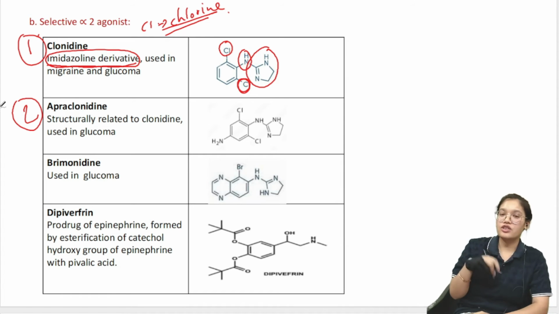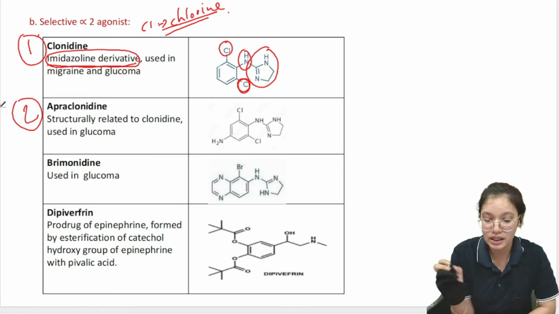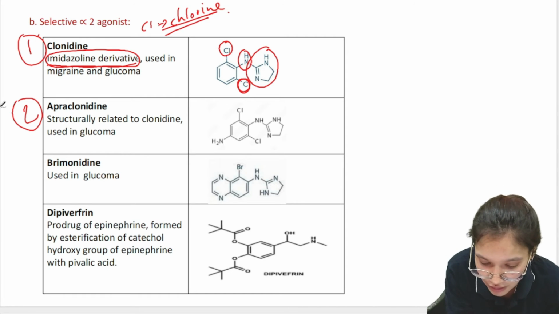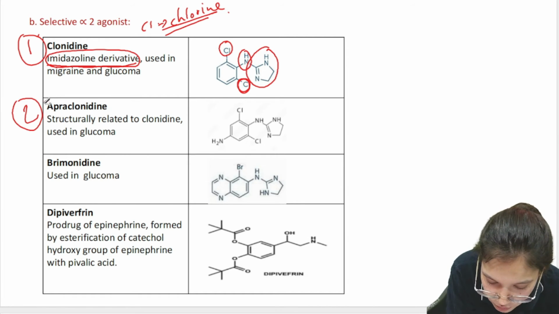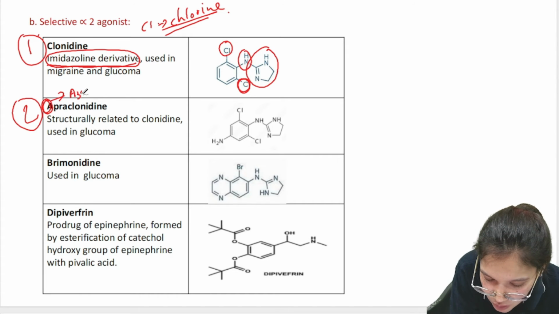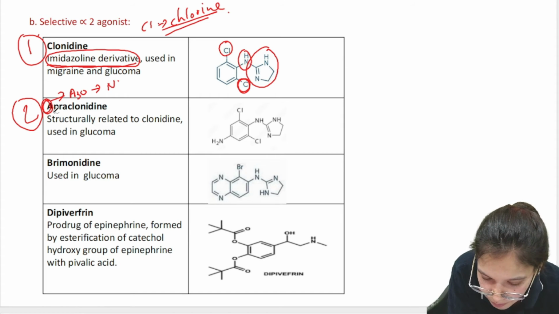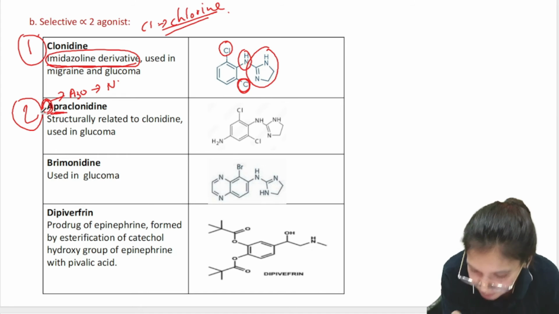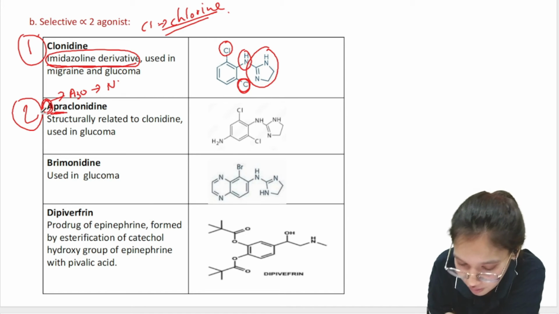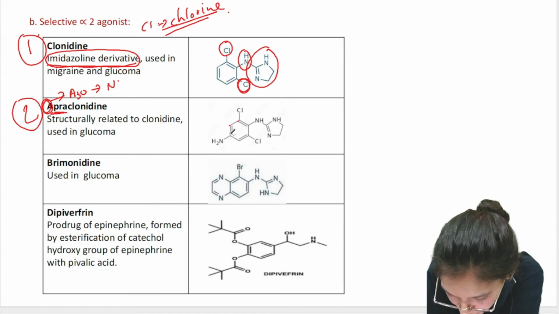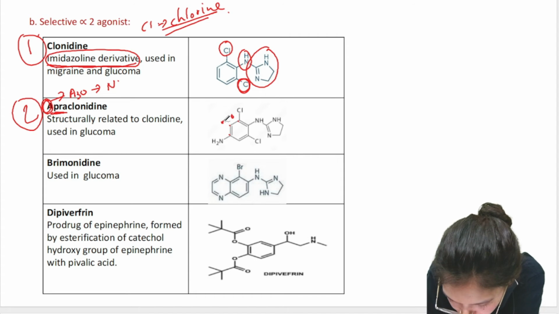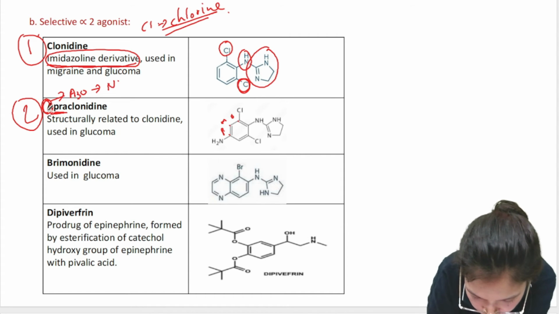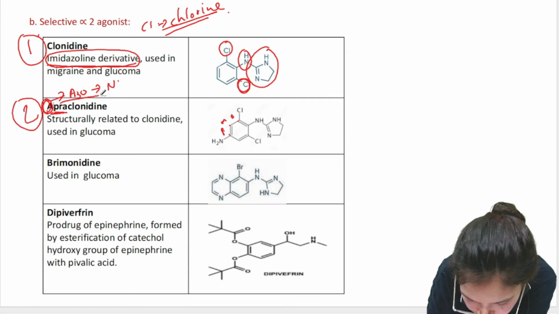Now second is apraclonidine. Its structure is almost similar to clonidine, just the difference is that as we know A, from A we can say azo. Azo means nitrogen, and from PRA, para. So ortho, meta, para. So A, azo, pra, para.